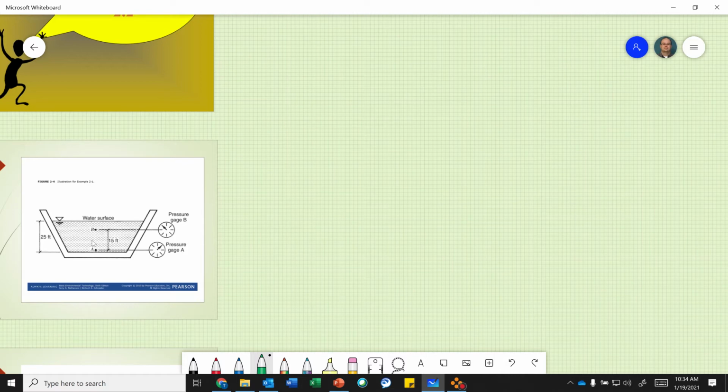Okay, so part A, pressure at A. We're in English units. Pressure at A is 0.43 times H. Remember, you always want to measure below the water surface. Right here at this point the pressure is 0, as soon as you stick your nose above the water. So I'm measuring below that. So H, from here down, is 25 feet.